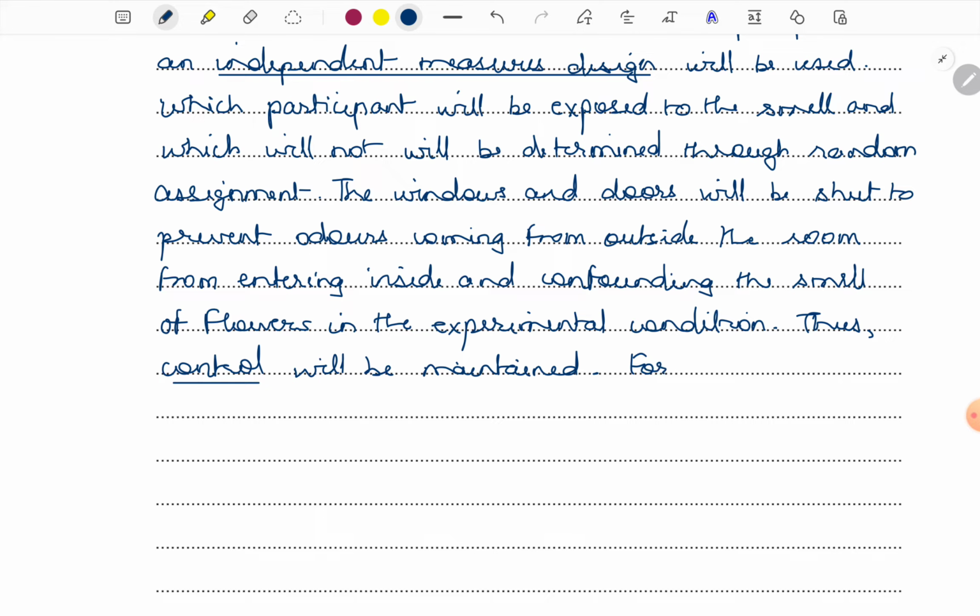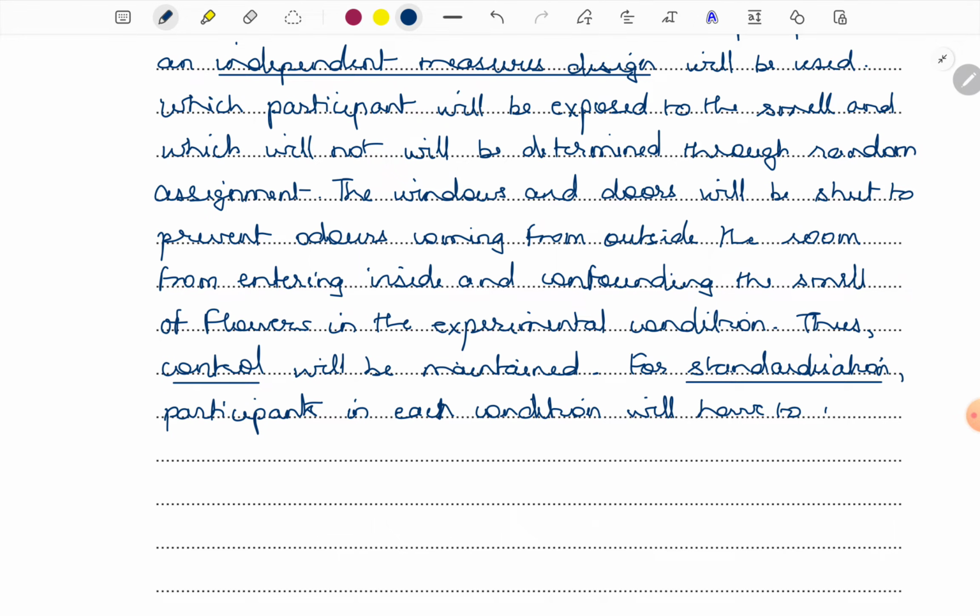For standardization, participants in each condition will have to wait for exactly 30 minutes in the room, with windows and doors shut for both.